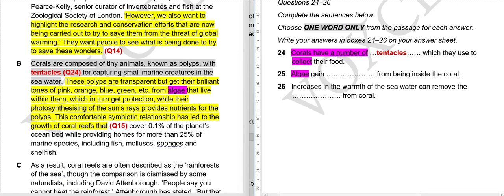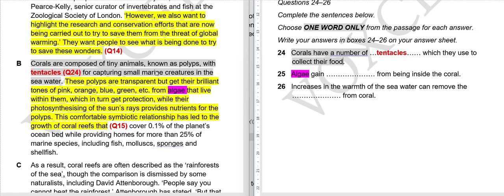Okay, why should this be our answer? Here they are saying corals have a number of something they use to collect their food. So here they are saying capturing small marine creatures. If capturing small marine creatures, we can say that they may have a carnivorous diet.